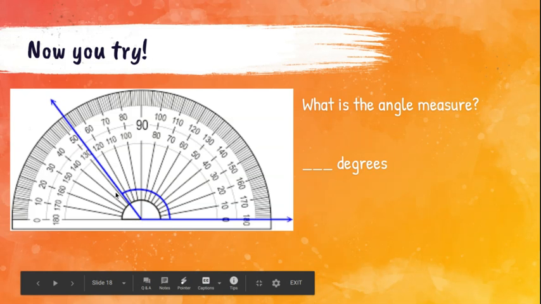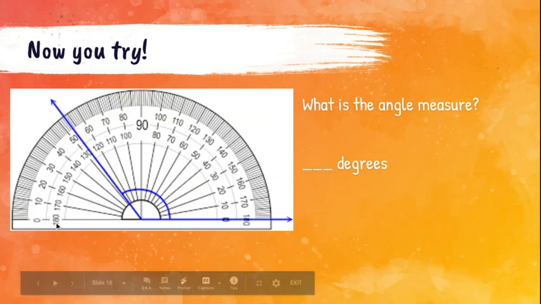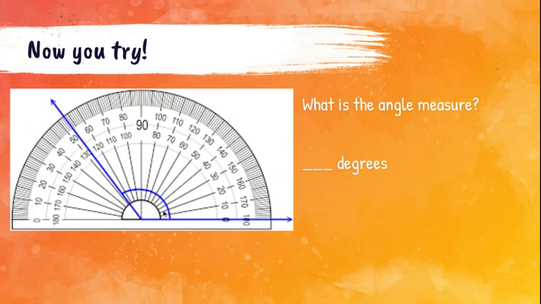So approximately, what do you think the measure of this line is? Remember, we're looking at these numbers here. We're looking at the 10, 20, 30, 40, 50, 60, 70, 80, 90, 100, 110, 120, 130, 140, 150, 160, 170, 180. We're looking at this column to measure because as an obtuse angle, it's going to be greater than 90. So it's going to be somewhere around here.